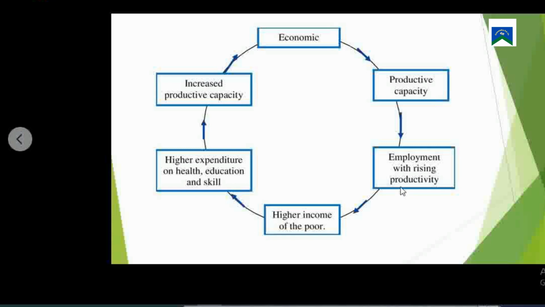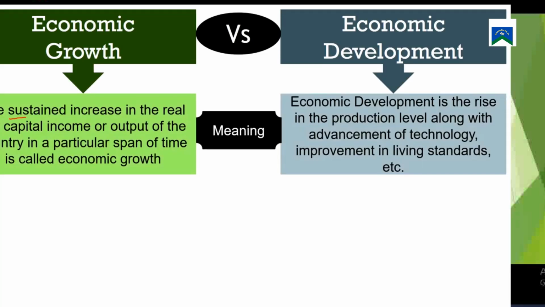If they have the income, they have the ability to buy goods and services. That means there will be expenditure on health, education and skills, which will increase the productive capacity. So everything is interrelated and interlinked.